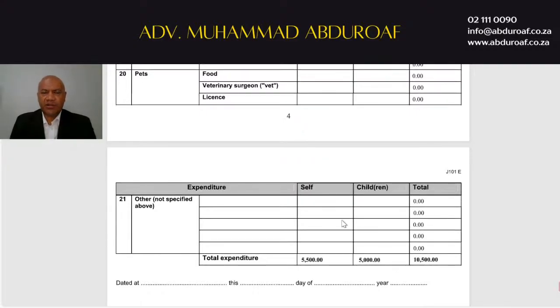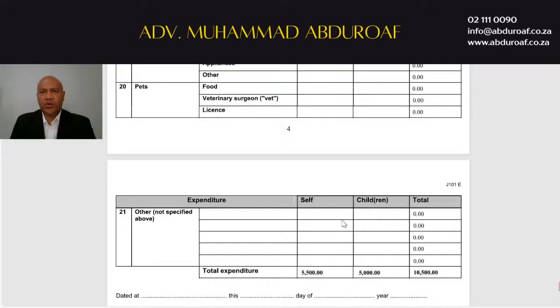If there are expenses which you are not incurring but which you wish to incur and you are including it in this form, make a note next to it and say "not incurring, however require." In that specific manner, the court and the other side will know that you require those expenses but you're not paying for them, because you are completing this form in affidavit format.